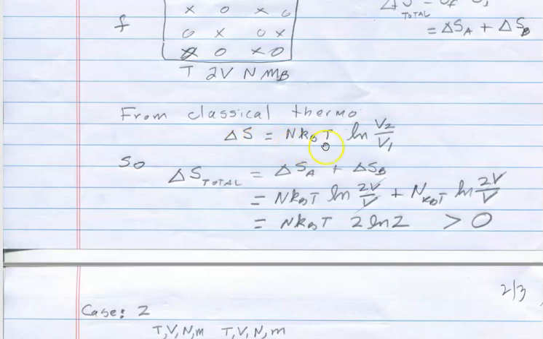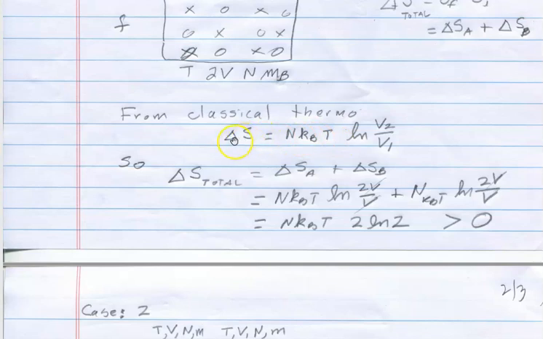You probably have seen this in thermodynamics, maybe from last semester or from earlier classes. As long as I'm at constant temperature, the change in entropy of the system is N k_B T times the natural log of V2 over V1. So at constant temperature, I only change the volumes. I don't allow any additional molecules in or out of this combined system, and I'm at constant temperature.